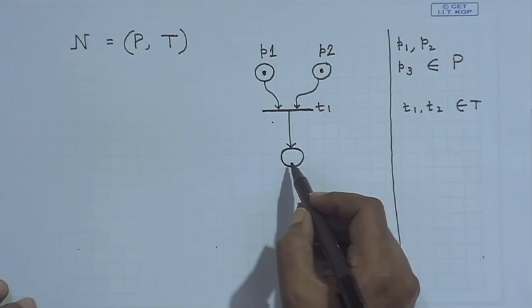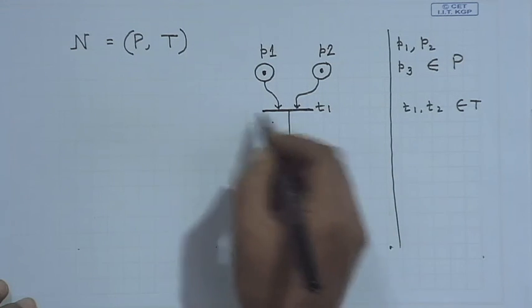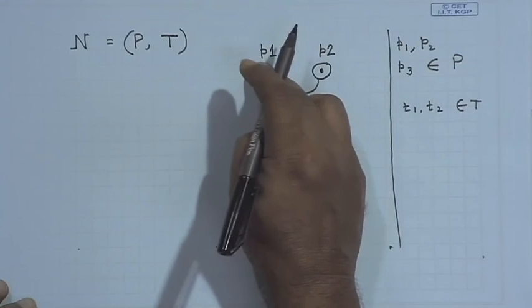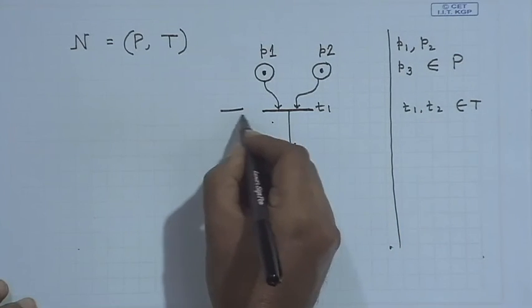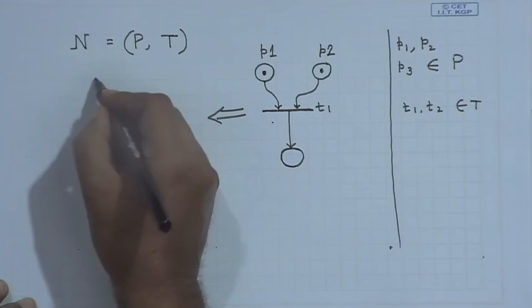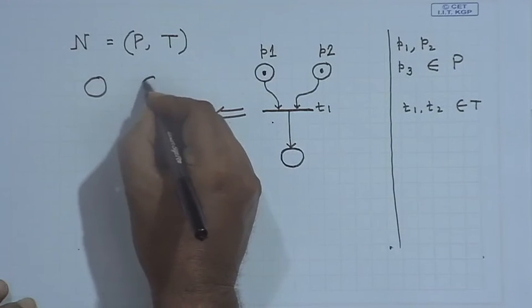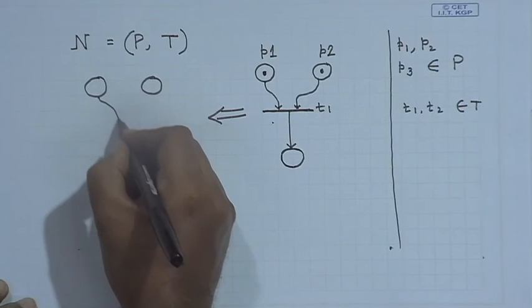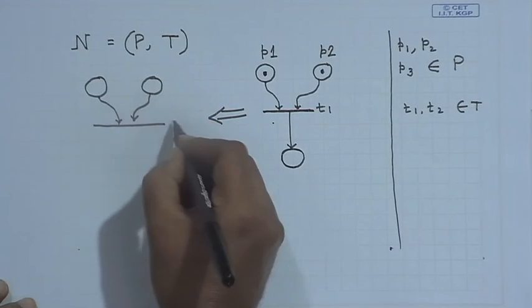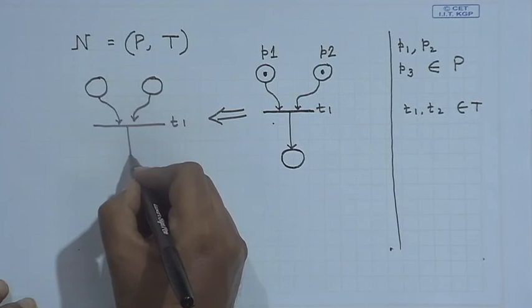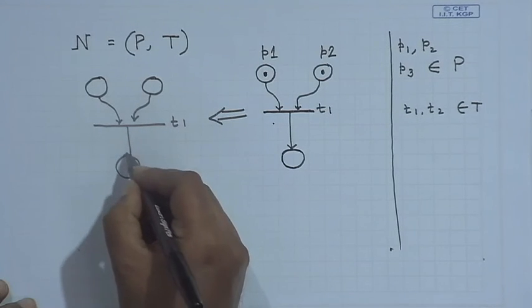So, this will fire. As it fires, these tokens are removed and a token will come here. As soon as this firing is done, the scenario will be this.